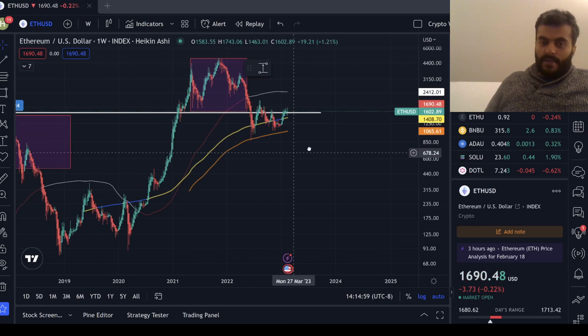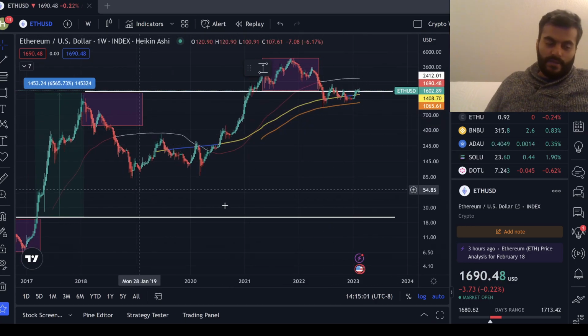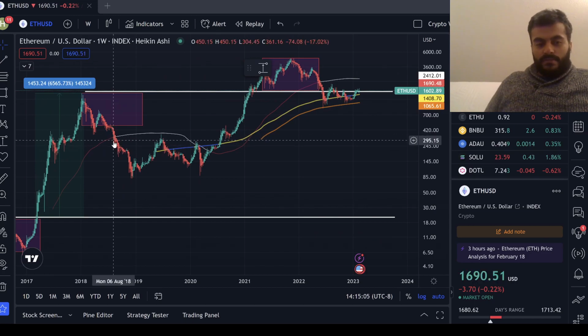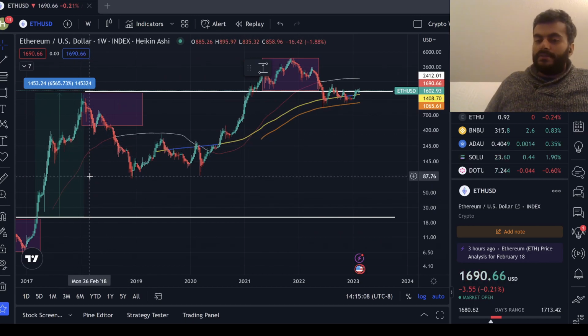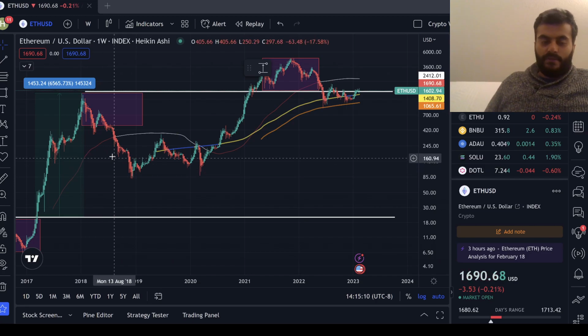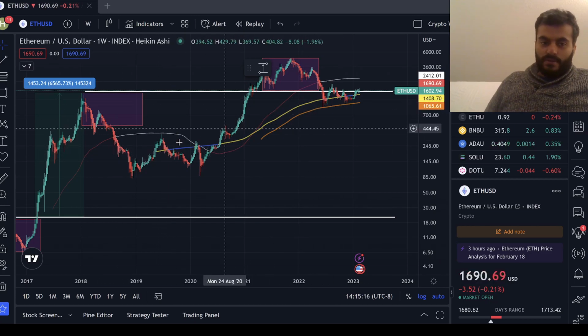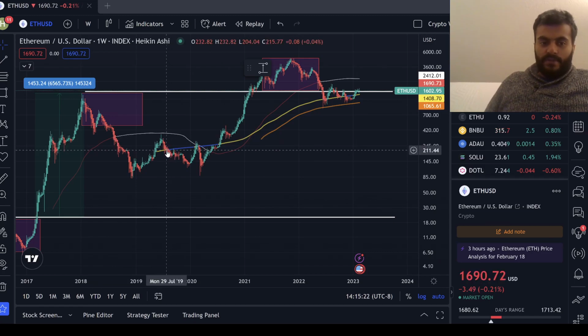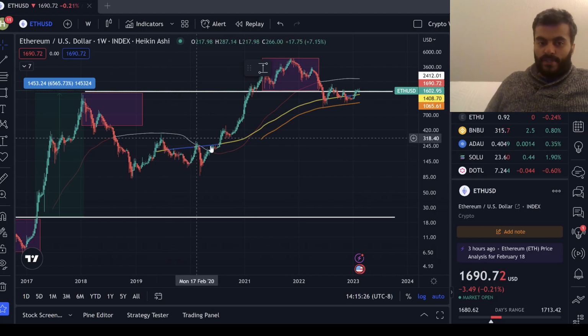So as the market cycles progress, there is a case to be made for whether the 100-week simple moving average is enough to decide whether Ethereum is in a good accumulation zone. Because we saw that in the last cycle, the 200-week was actually a better entry point for market participants to accumulate Ethereum.